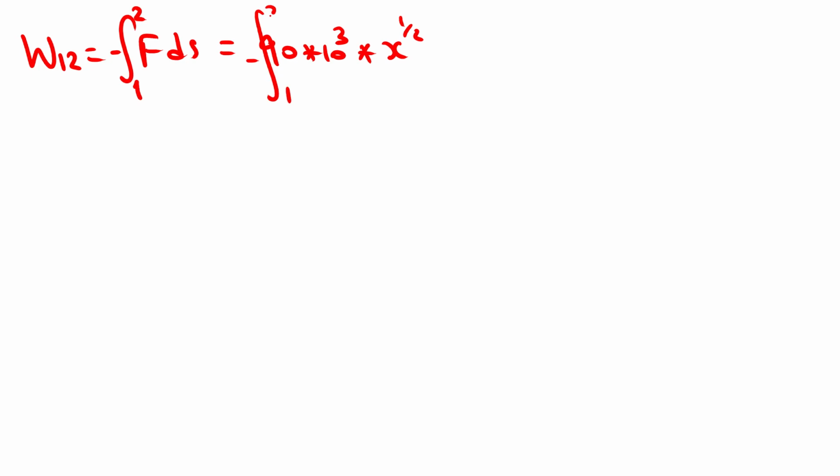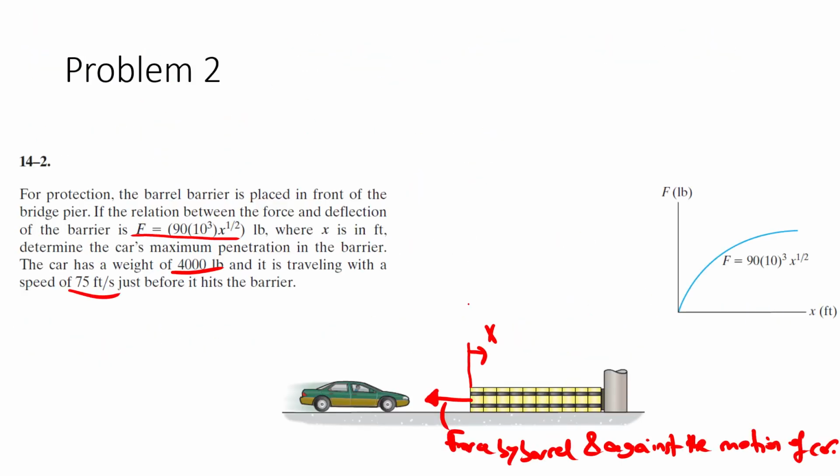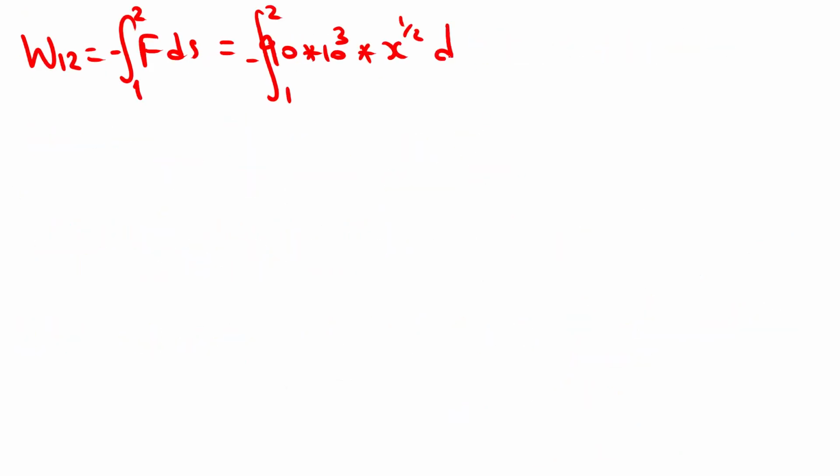And ds is the same as dx, because the car moves along s, which is the same as x.